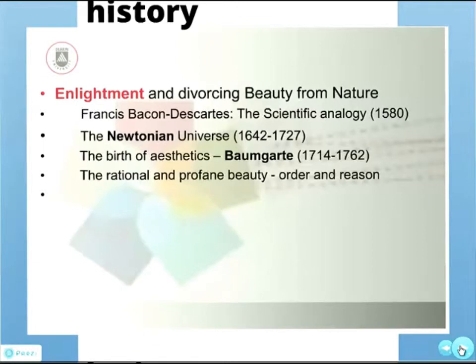We can use this depot as we like. And in the Enlightenment era, the scientific analogy of Francis Bacon, based on Descartes' philosophy, was to say nature is really sort of, not quite a demon, but it's wild. And we are the people who, through science and through technology, are going to tame it in a way. That lived with us for a long time, and I think there are still people around us who believe that.